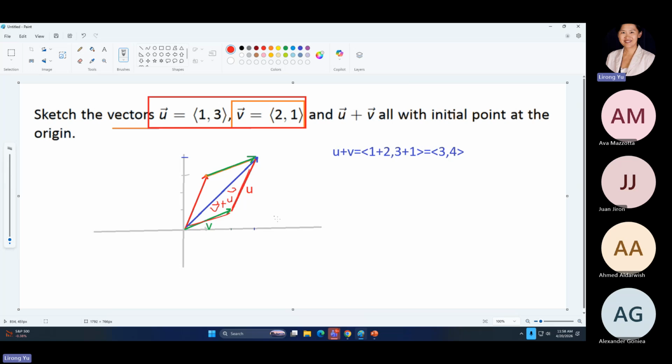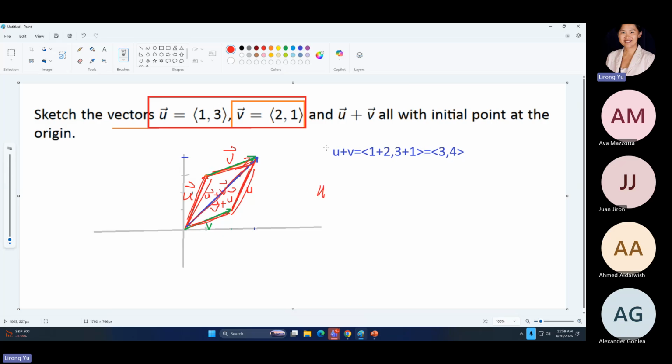On the other side, this is u, and this is v. If you do u and then v, this will be u plus v. So this is v plus u, and this is u plus v. Either way, they end up being the same vector.